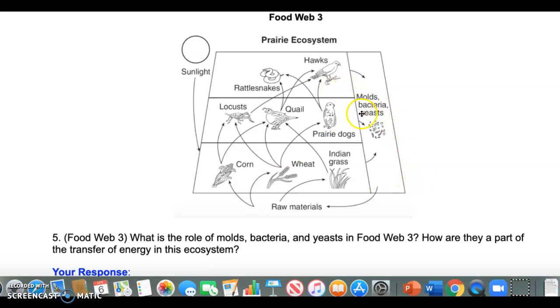So I see that all 3 levels point back to this mold, bacteria, and yeast. And then I look at the direction that the arrow is pointing here, and it says that from mold, bacteria, and yeast, it goes back to these raw materials that are then used by that bottom level of producers in the food chain.